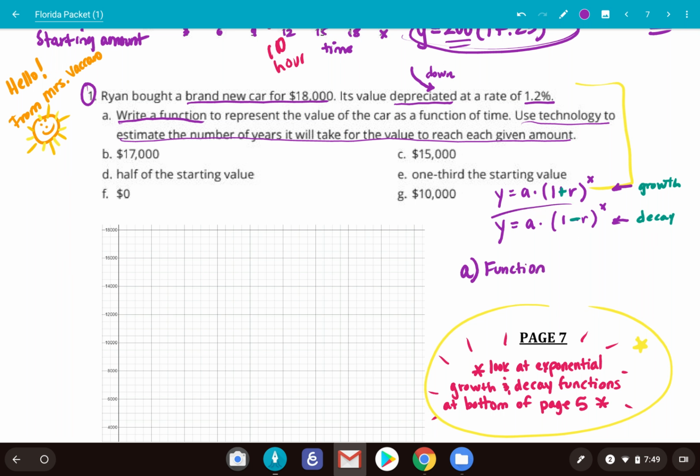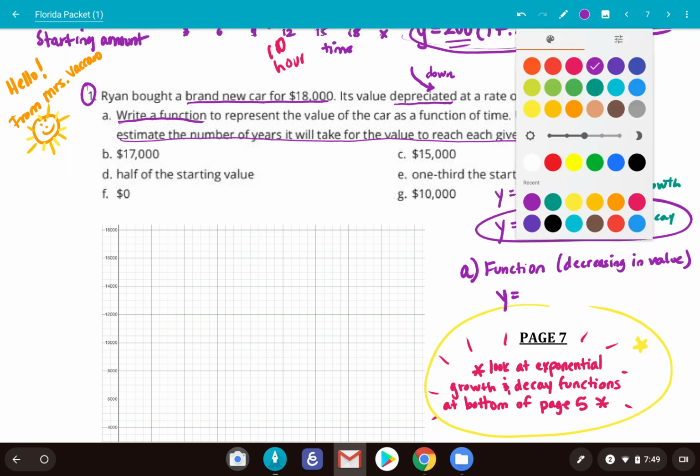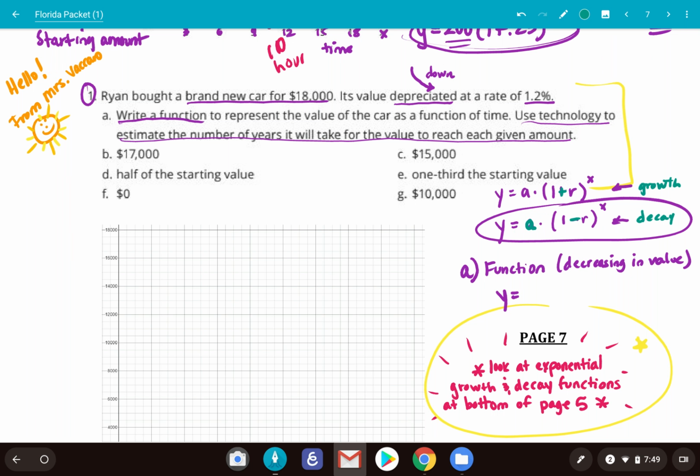We're going to use the decay model because it's decreasing. So to write that model, we're going to substitute in our starting amount for our A value. So our starting amount is 18,000. And then we need to subtract the rate.